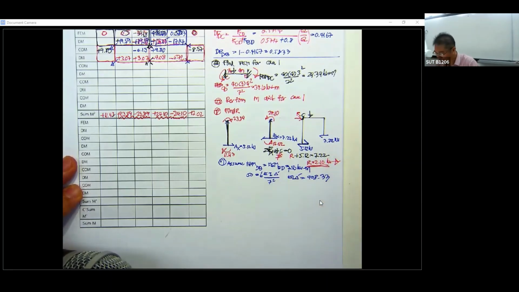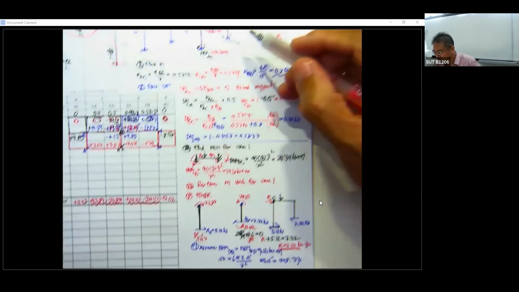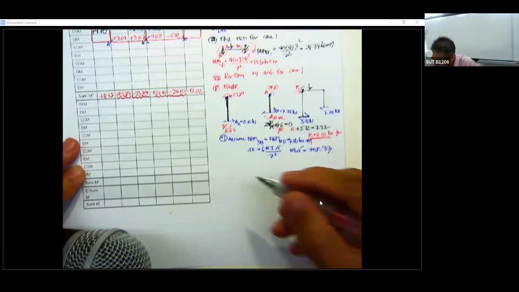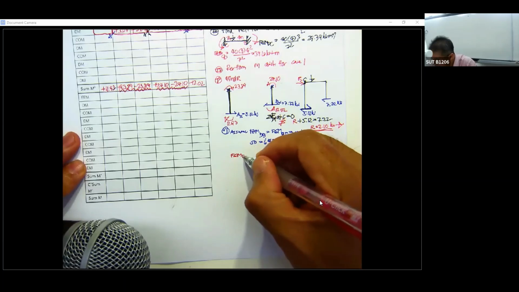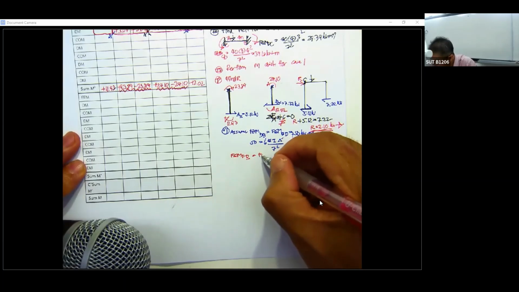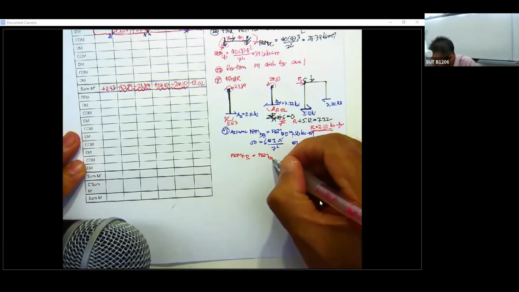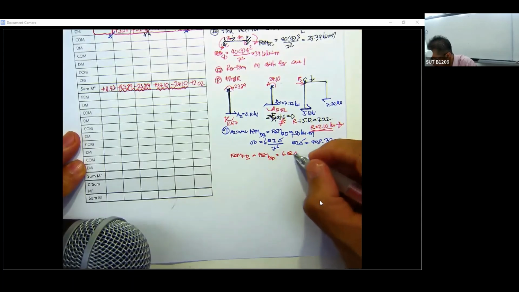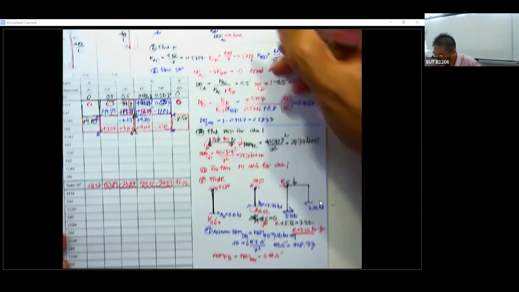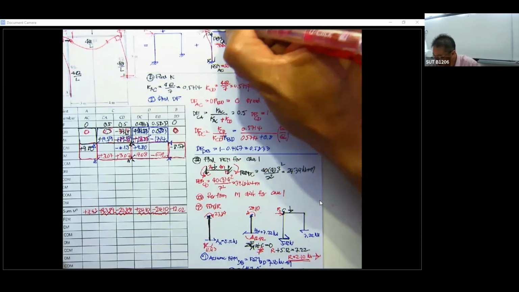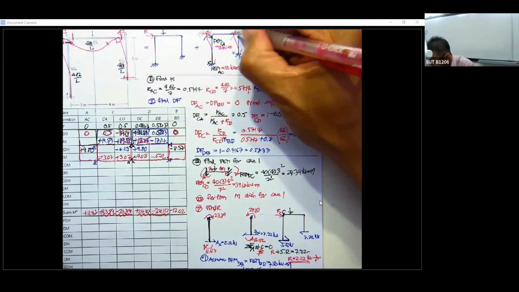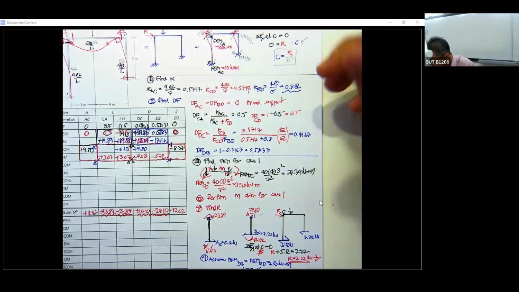408.33. Now the fixed end moment for these two, fixed end moment dB equal to fixed end moment BD equal to 6 EI delta palm, the delta over here palm, they are equal, and then divided by the length 5 square.